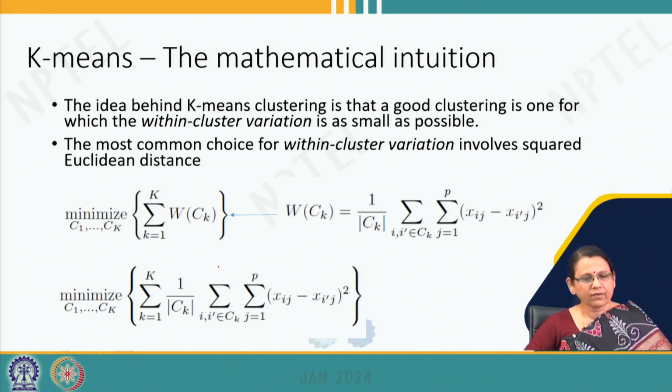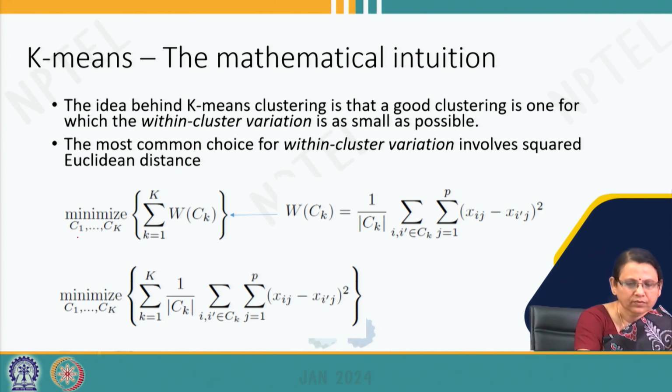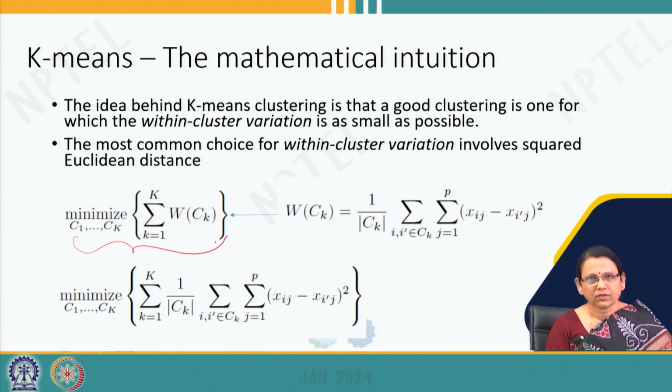So, our idea is to minimize this. You have to distribute the points in a manner so that the within cluster variation, summed up among all the clusters, is minimum.